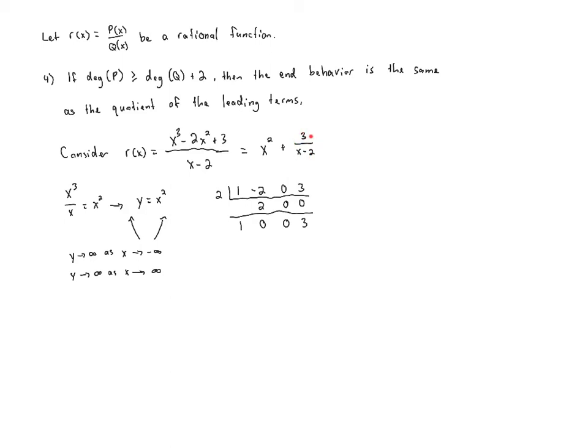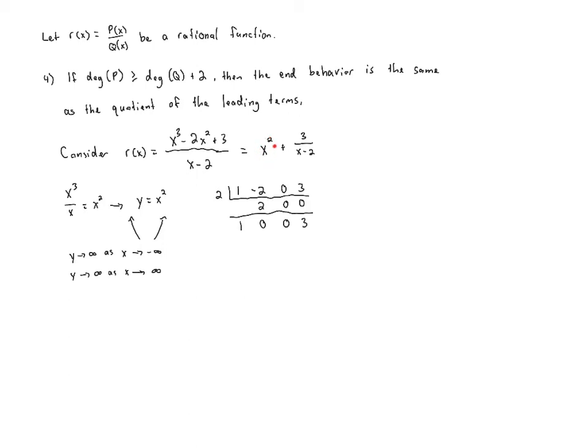Now the remainder, when x gets very large in either direction, is going to get smaller and smaller and be inconsequential. So what matters actually is the polynomial out front. And we know that the end behavior of a polynomial comes exclusively from the leading term.